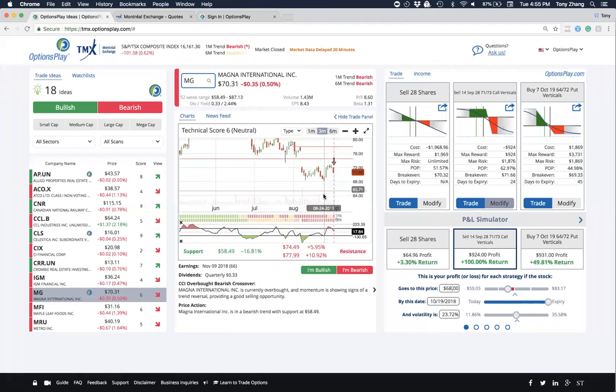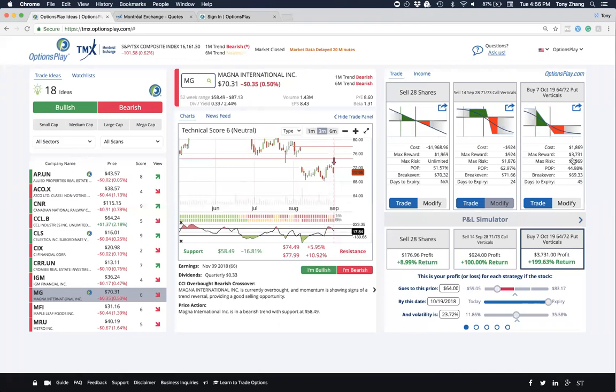But if it moved any lower, to 64, this is really where the debit spread will start to take advantage. On the credit spread, you're still limited to the $924 profit. So if you expect a big move, the credit spread does not fully take advantage of it, because the credit you receive up front is the most money you can make.